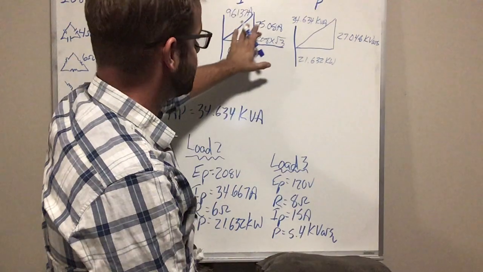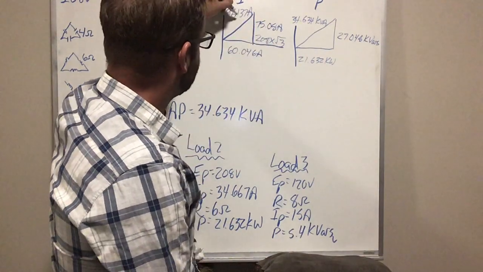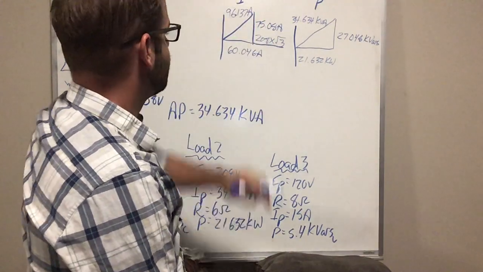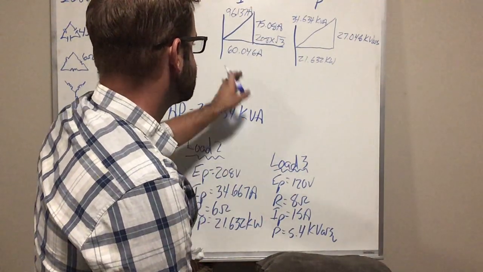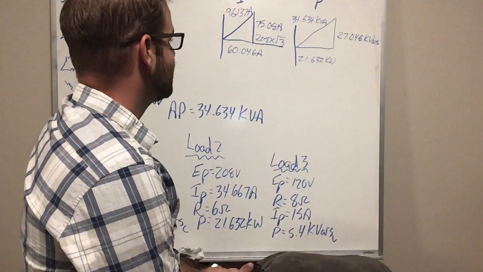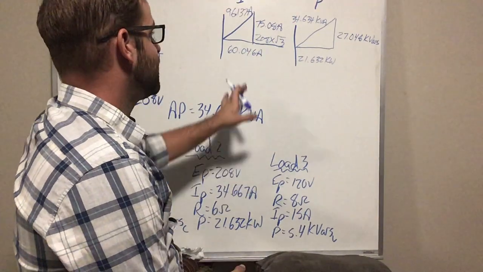And those, remember, as we said, were all line current values. So we have 96.137 amps, 75.08 amps, and 60.046 amps. So those would be all the line values.